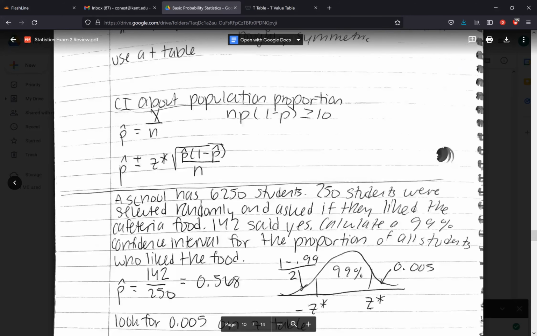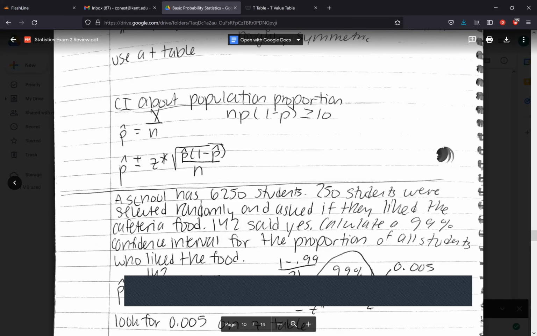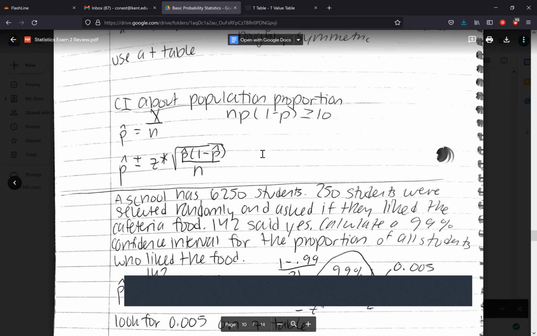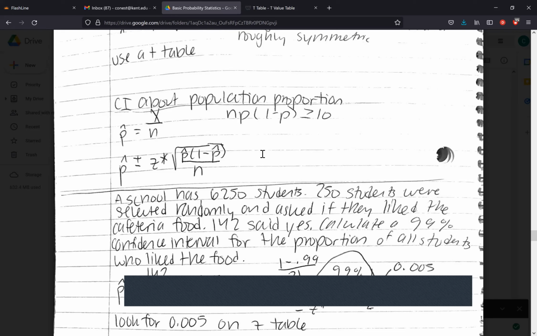You can also construct confidence intervals about a population proportion. Again, you need to check that np times 1 minus p is greater than or equal to 10. A reminder, p hat is just the occurrences, the events, divided by the sample size.